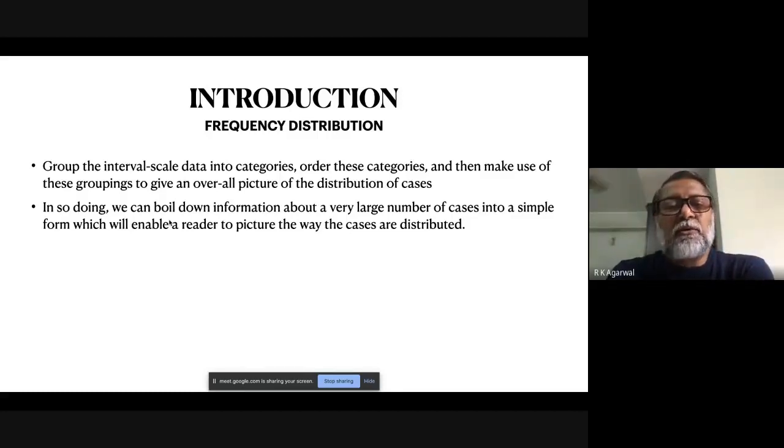So once we arrange them into frequency distribution, then it enables the reader to picture the way the cases are distributed. Whether there are very high values, whether there are very low values, or whether most of the values are concentrated around a central value, something like that.